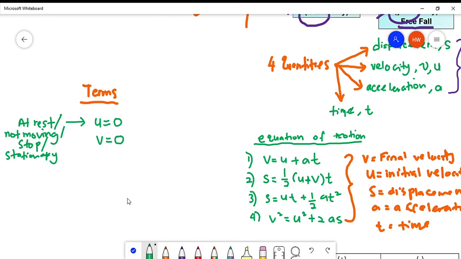And then another term that you're gonna encounter later, which is the second one, is uniform. Okay, uniform velocity. So what does it mean? In other words, apart from uniform, apa lagi kata yang seerti dengan uniform?